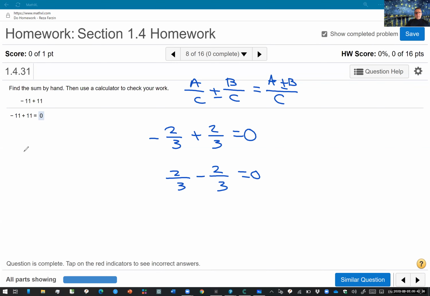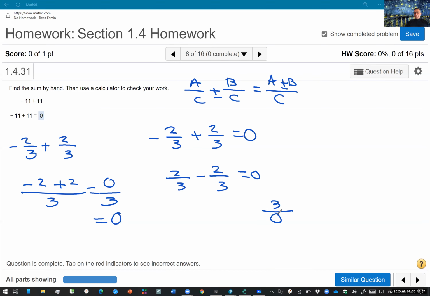So that's why when you have negative 2/3 plus 2/3, basically you keep the 3 and you combine the numerators, which are negative 2 plus 2. Now what's negative 2 plus 2? That's 0. And what is 0 over 3? That's 0. See? Sometimes people incorrectly say that's undefined. No. Undefined when the 0 is where? On the bottom. That's undefined.